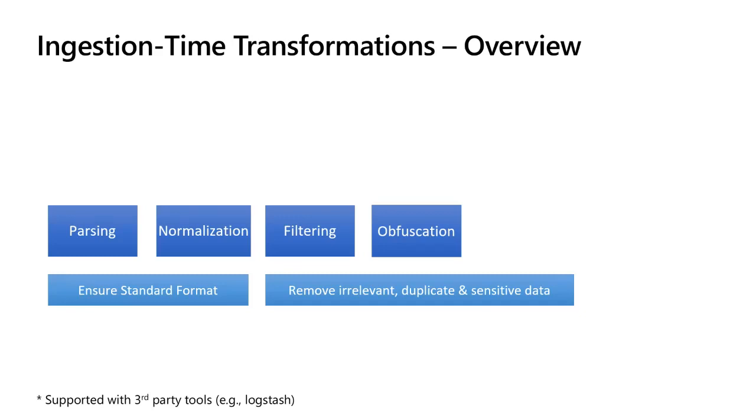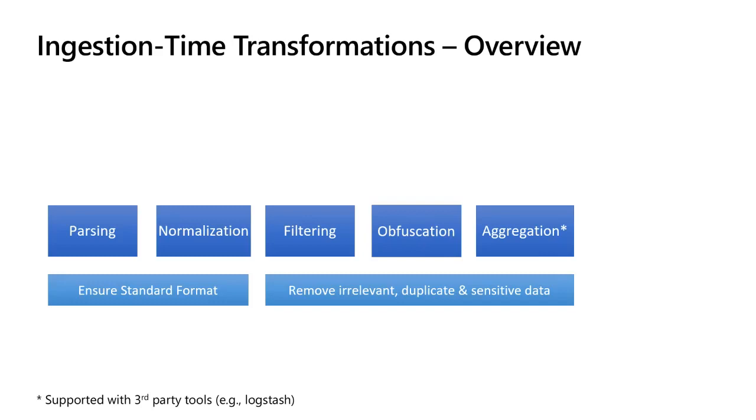Also, as we mentioned, obfuscation and masking. There might be PII data that gets into the different logs that we ingest into Sentinel, and we might not want our SOC team to visualize that PII data, so we now have the ability to obfuscate it. An additional use case is aggregation. There might be specific data sources, like proxies or firewalls, that are repeating the same message again and again, right?